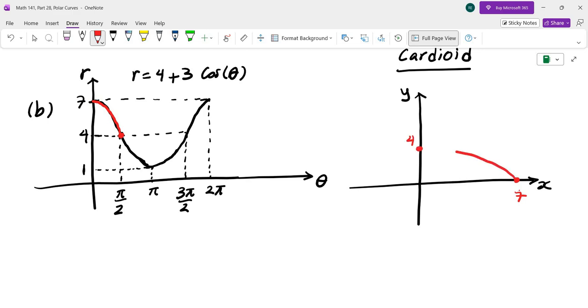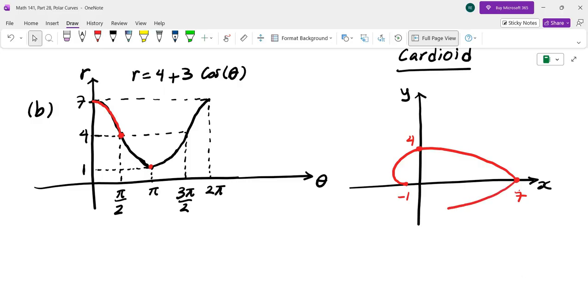So we have a shape like that here, and then it goes all the way to theta equals pi and r equals 1, so it gets to this point right here. And from that to the last point here, the curve gets closer and closer to the origin, so we get a shape like this. And then we have something very similar at the bottom as well.